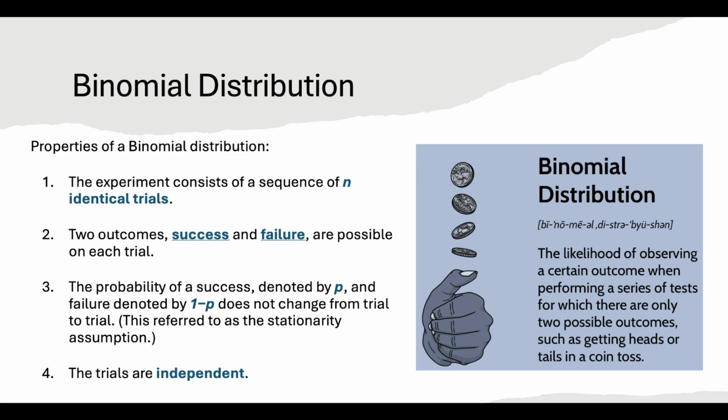Let's start with the binomial distribution. A binomial distribution follows a Bernoulli process, in which we have an experiment consisting of a sequence of n identical trials. For example, tossing a coin n times would be a Bernoulli process. Each of these trials has two outcomes, either success or failure.